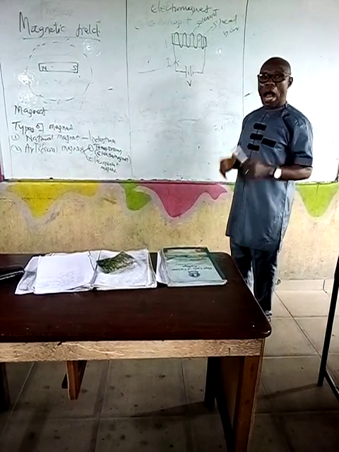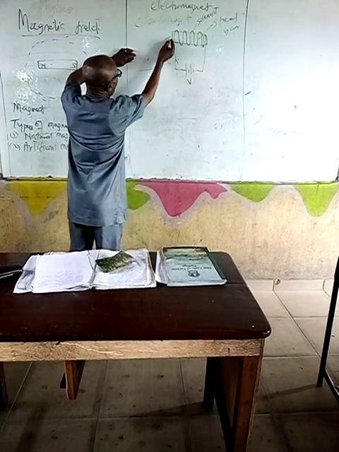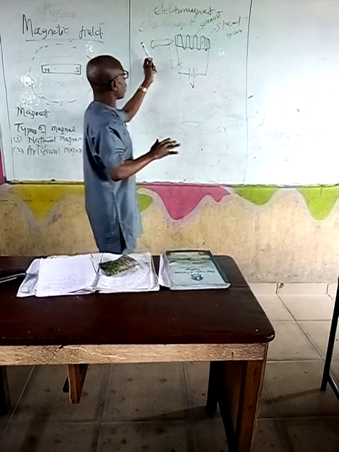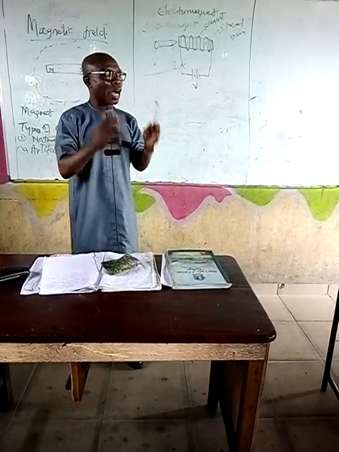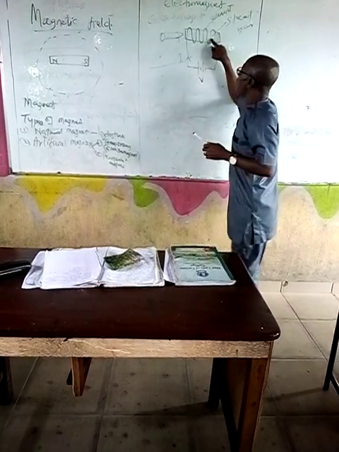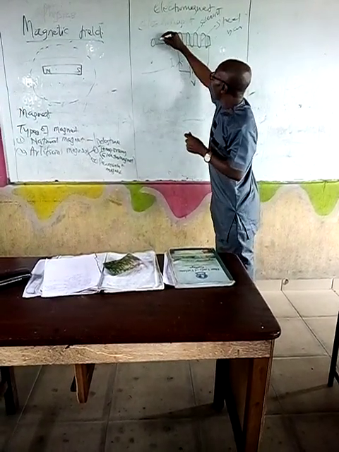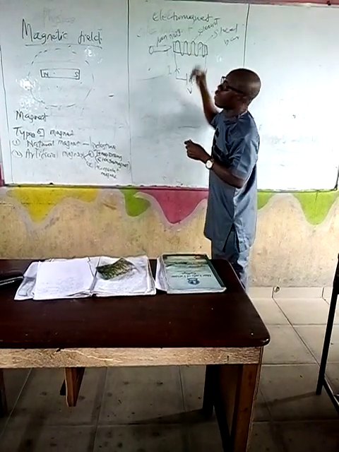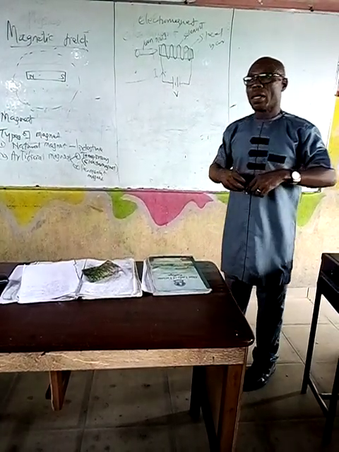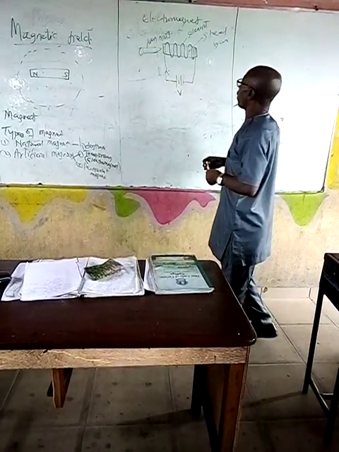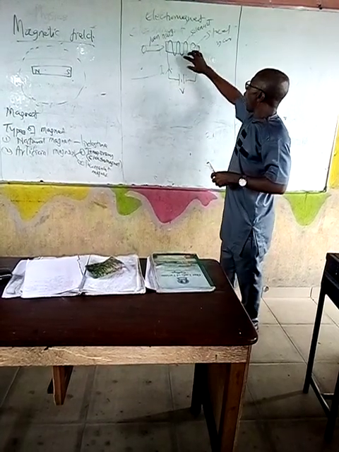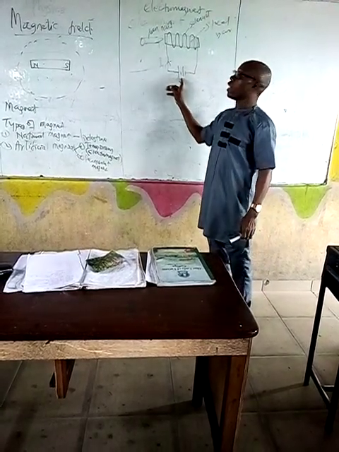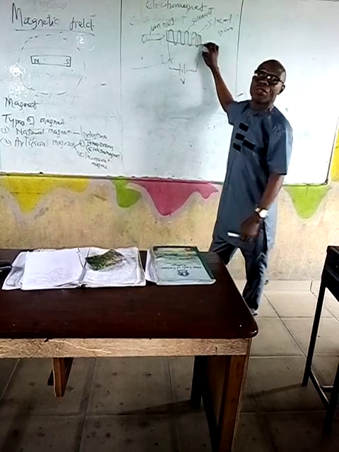And if you bring an iron nail close here, not to touch, there will be attraction between this steel bar and the iron nail because this steel bar has acquired magnetism. It has become a magnet.